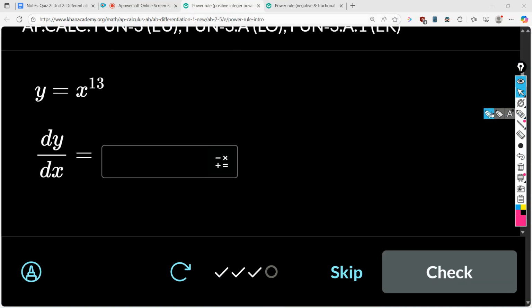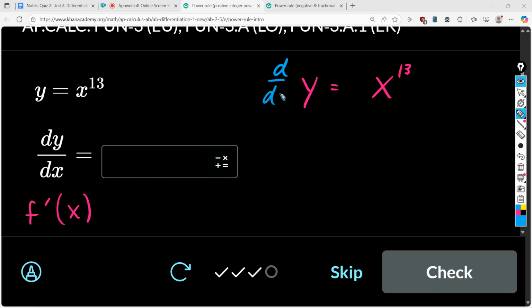All right, so here we have y equals x to the 13th. They want us to find dy dx. That's the equivalent of f prime of x. It's the same thing, just a different notation. If you have y equals x to the 13th and you want to use the proper notation, what you want to do, and you don't always have to do this, but I'm just showing you, is apply d over dx to both sides of the equation.